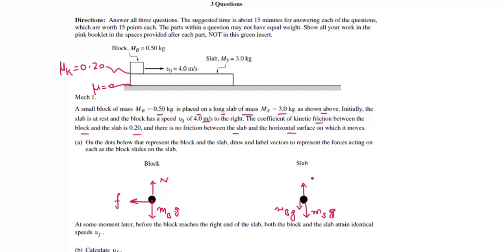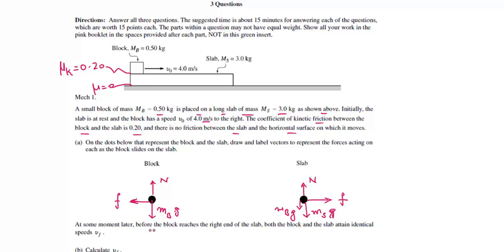Another force acting on it is the normal reaction provided by the surface on which the slab is placed. And it will experience a frictional force in this direction, right? Is that okay?